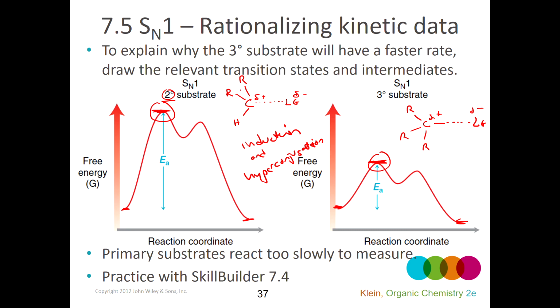So the book presents it in terms of stabilizing the carbocation, which is here at the intermediate. So forming the carbocation on a secondary carbon versus on a tertiary carbon. The more carbon groups I have there, the more the carbocation is stabilized. So the carbocation is higher energy here than over here as well.